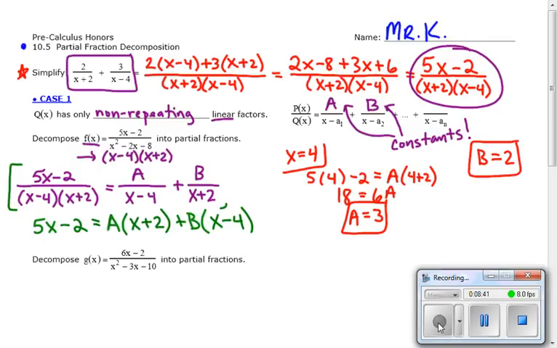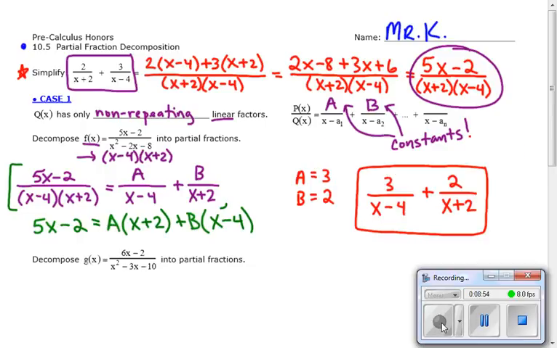And now we have that a equals 3. We already had b equals 2, and now we are done. And your answer, of course, should be the expression where you plug in a and b. So your final answer should be that you have 3 over x minus 4 and 2 over x plus 2.